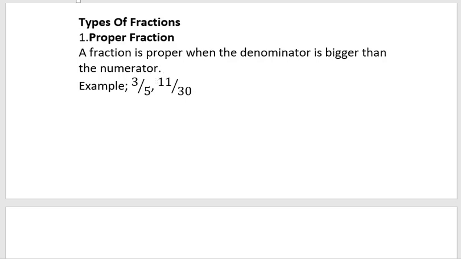If you pay attention, you see that 5 is bigger than 3 and 30 is bigger than 7. So this is a proper fraction. In 3/5, it means 5 can carry 3. It makes sense. So let's say the bigger one is carrying the smaller one. It can work.